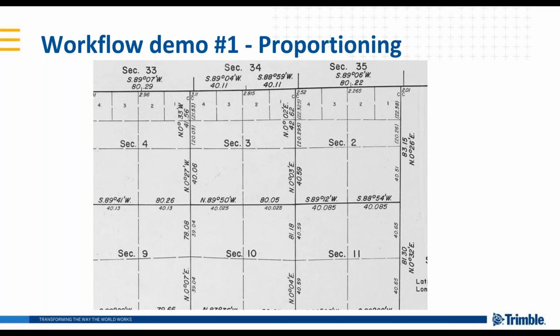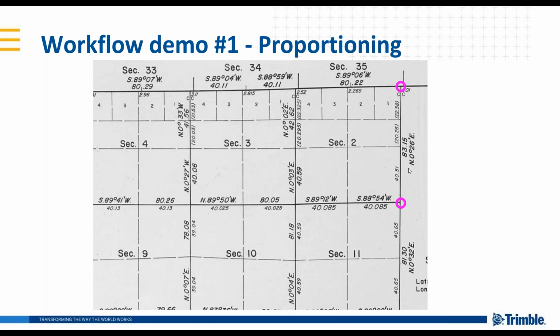So single proportioning, for those who might not be aware or need a refresher: if we have found these two monuments in the field, the two corner section pins of section 2, and we want to reestablish the center or the quarter section line, you can't just take the measured distance between the two points and compare it to the record distance of 83.15 chains.